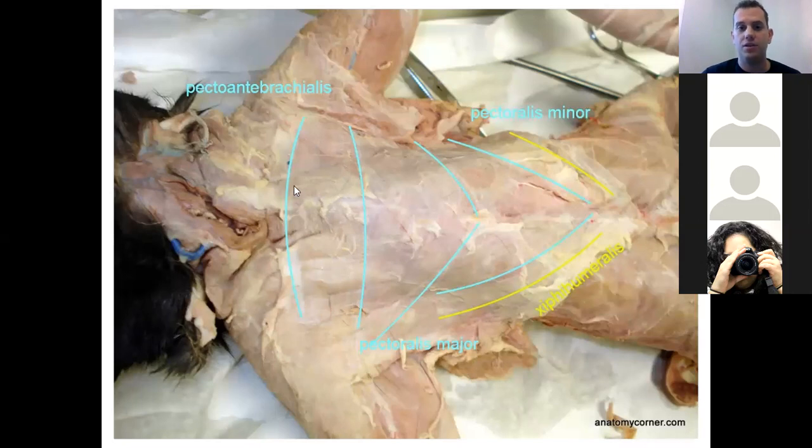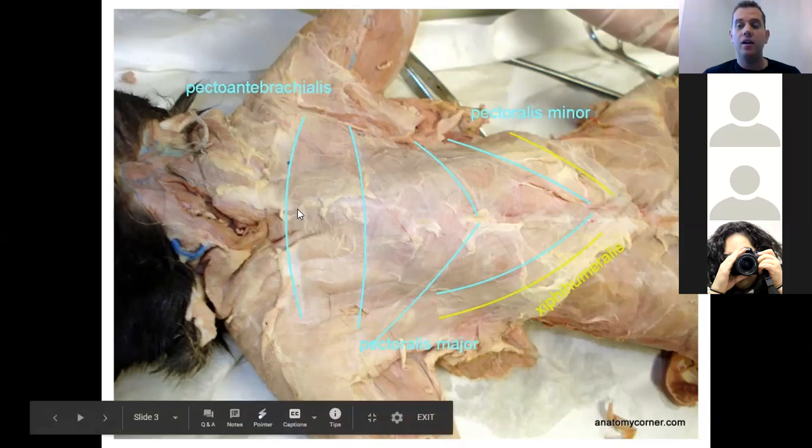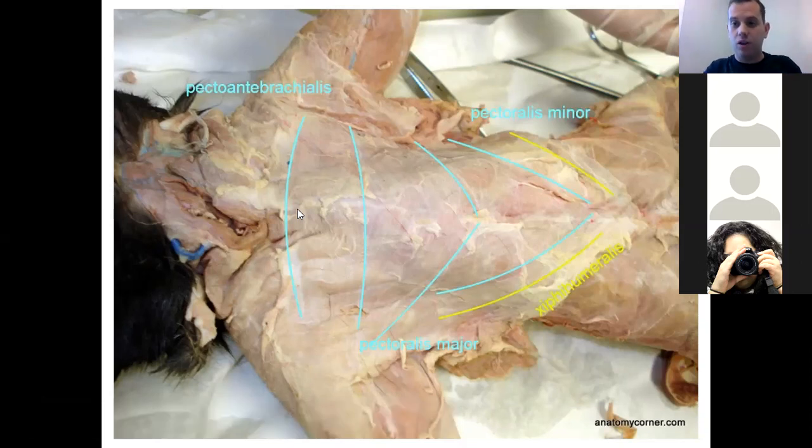We just have the pectoralis major muscles, but they have a separate muscle across the top called the pectoantebrachialis. From what I understand, the reason for that muscle is that animals walk on four legs, so the jumping and the actions needed require that extra muscle across the chest that we don't have because we're upright.